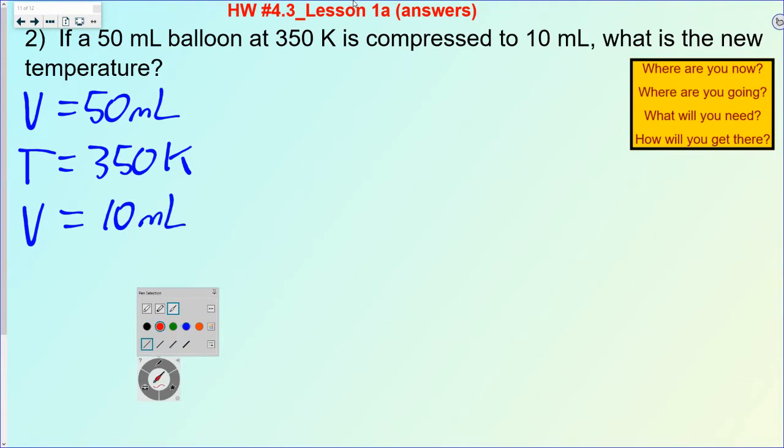That's it for what we're given in the problem. What's the question asking us, or where are we going? What is the new temperature? That's our unknown.